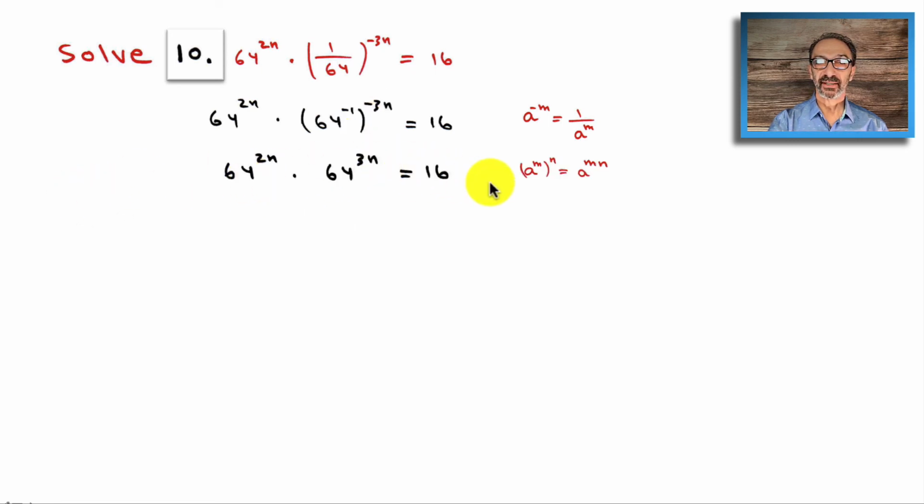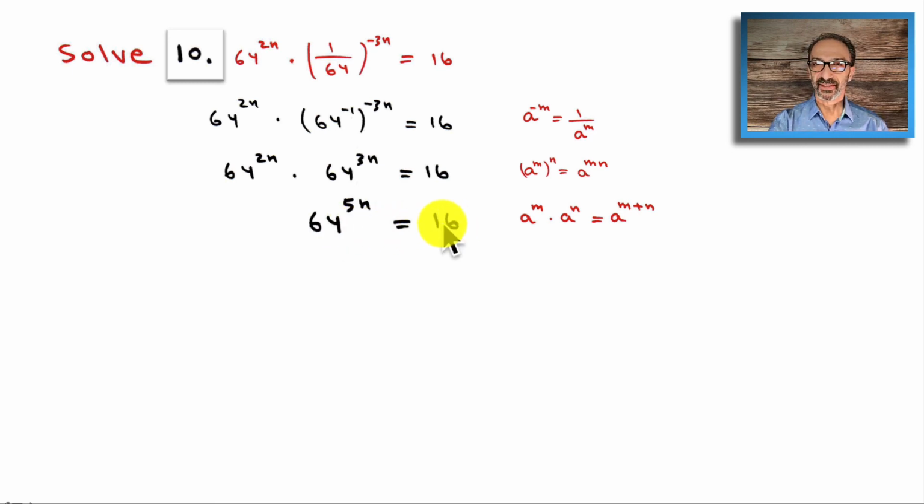Before we jump in and make the base the same, we could make this one part, one piece, one factor, and add the exponents. 2n plus 3n will make it 5n, but same base, 64. That's called the product rule in powers. Now we need to think about the 16 and the 64.